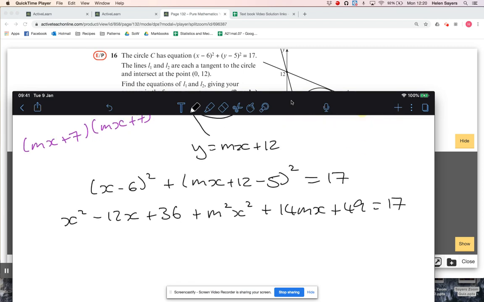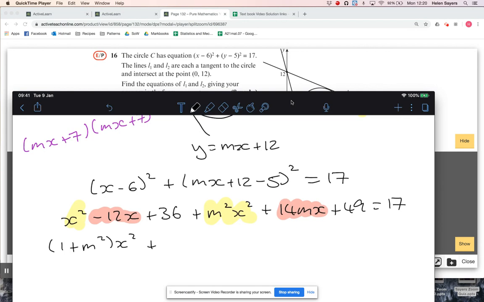So if I tidy that up, there's my x squared terms. I'm going to take out 1, so I've got 1x squared plus m squared x squared, and I'm going to factorise that. You might be able to see where I'm going with this. Then in terms of my x's, I've got minus 12x plus 14mx.